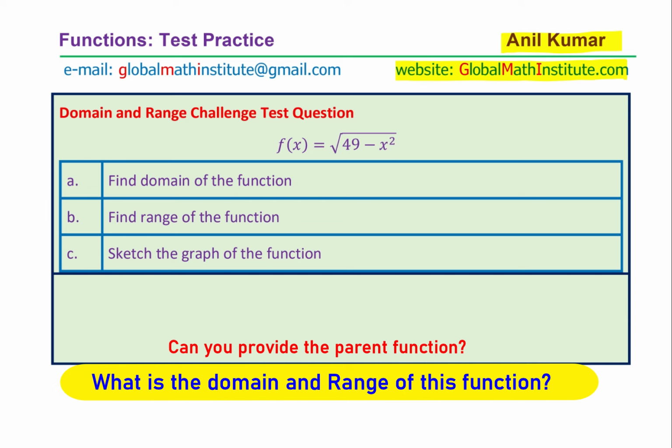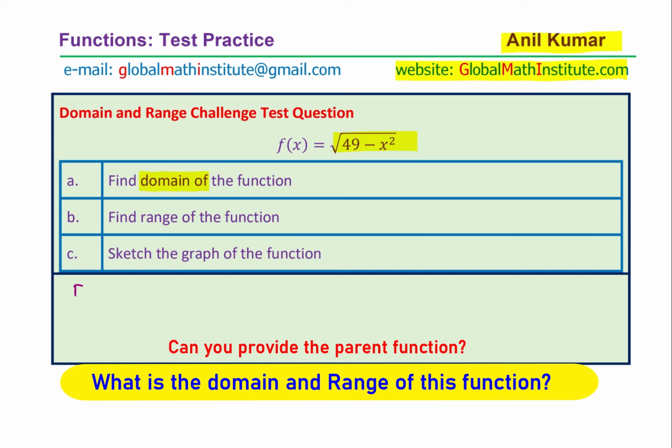Now let's begin with domain itself. Since the function is a square root function, what is very important here is to understand that within the radical, that square root, we can have only numbers which are non-negative.